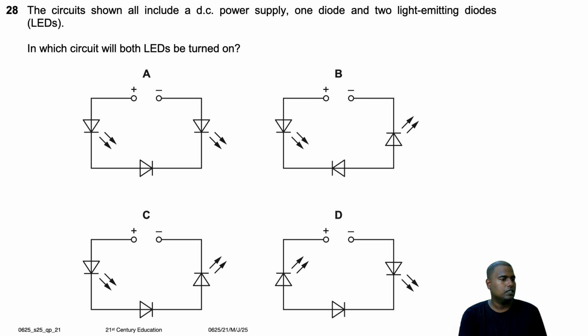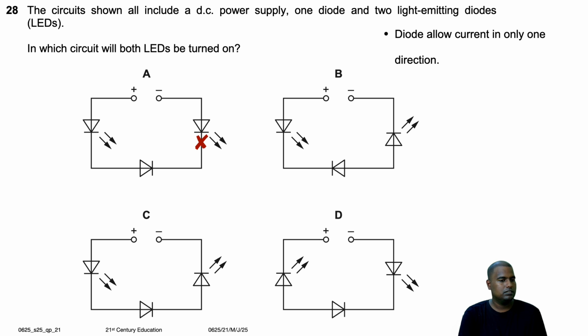The circuits shown all include a DC power supply, one diode and two light emitting diodes. In which circuit will both LEDs be turned on? A diode allows current only in one direction, the positive direction. In A, the second diode is in reverse direction, so this is wrong.